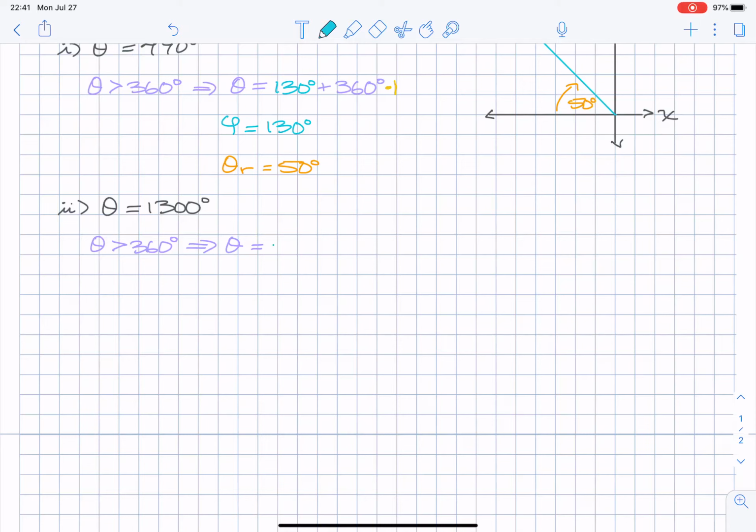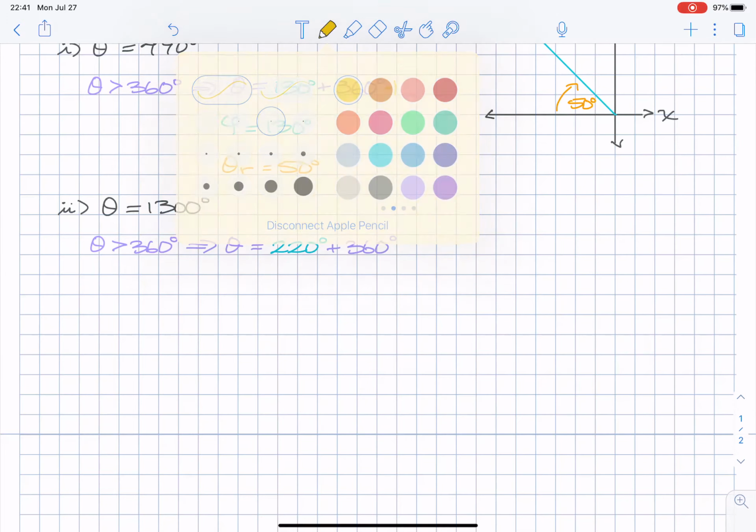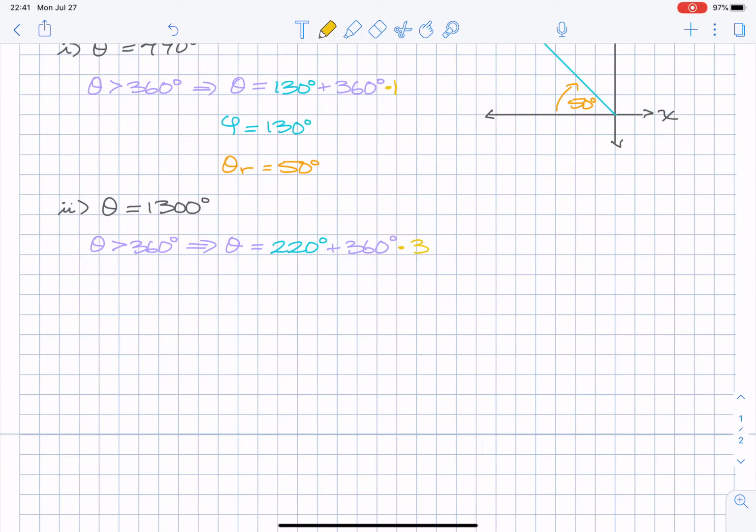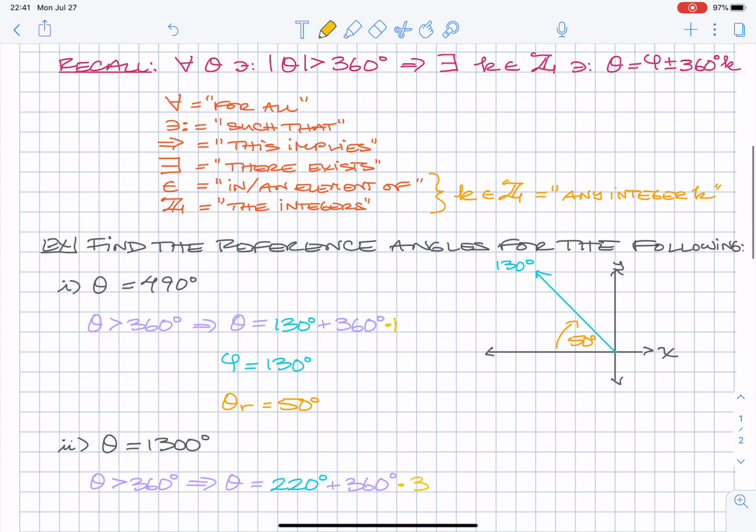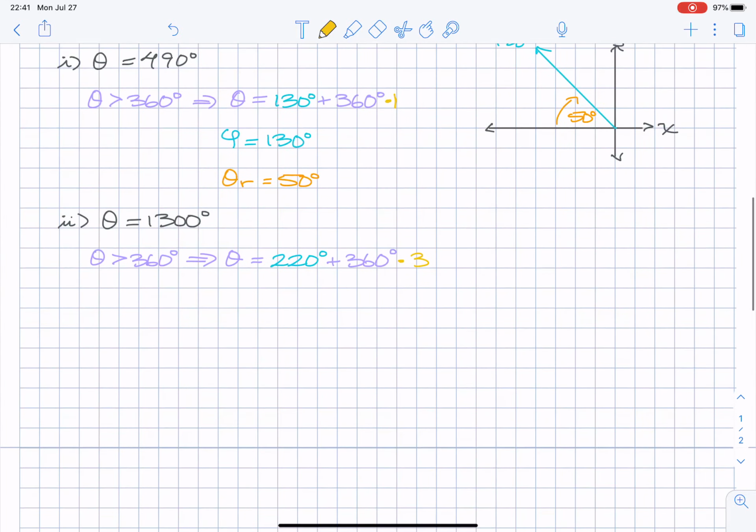So I claim that's 220 degrees plus 360 degrees times the integer 3. So my k in this instance is 3. The phi is going to be 220 degrees.